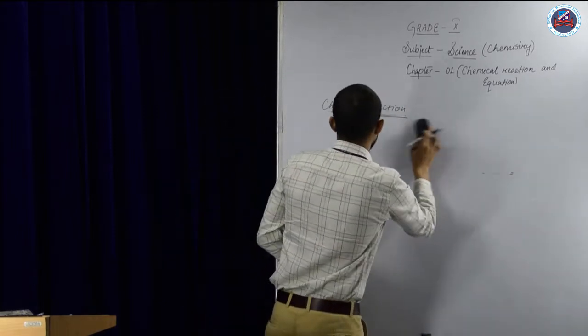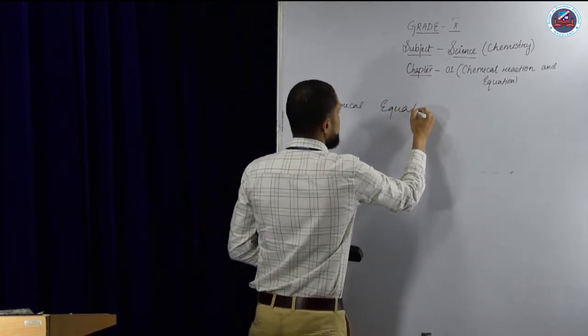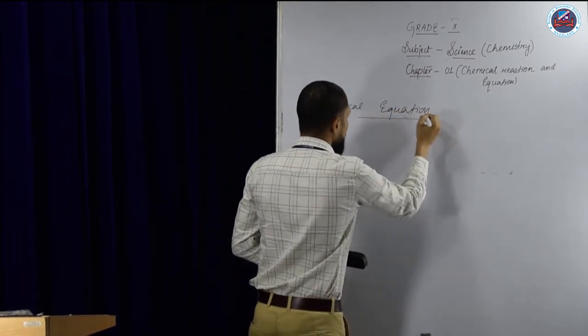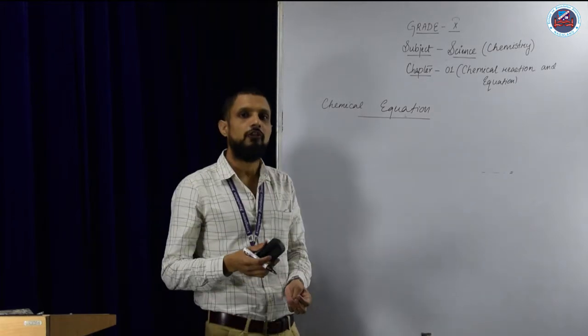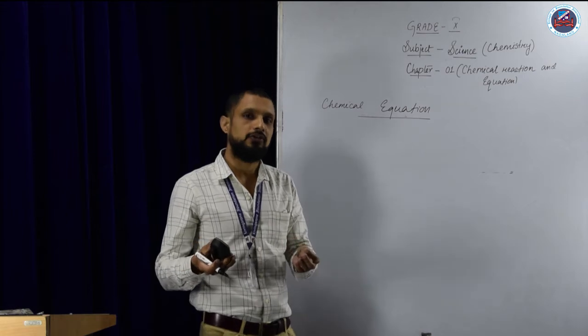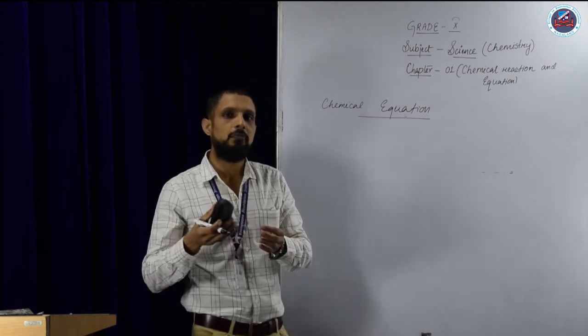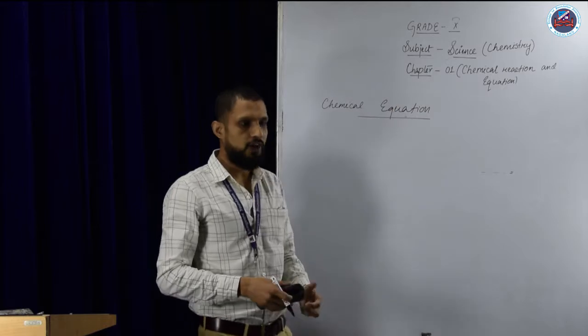Next topic which we are going to study is chemical equation. Well, chemical equation is simply the representation of chemical reaction. Like, a chemical reaction is taking place. How will you represent that on paper? We represent it with the help of a chemical equation.